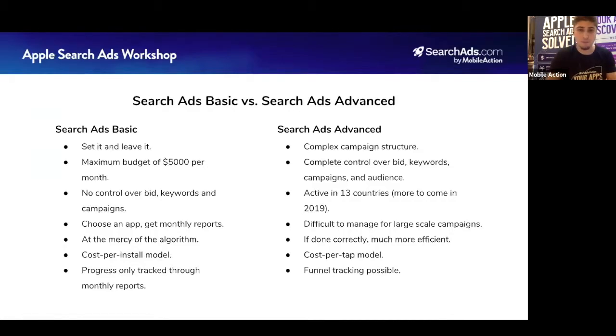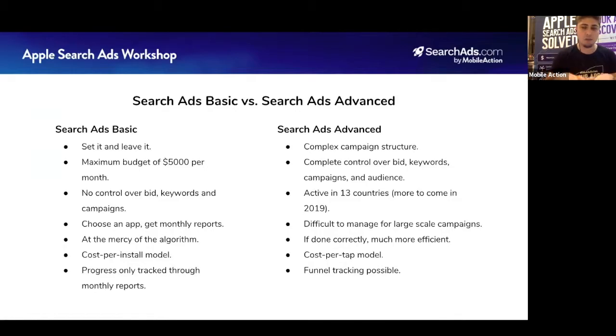On the other hand, Search Ads Advanced has a very complex campaign structure. You have the 3 layers, and let's imagine you're running ads in 5 countries for an app. You have different demographics, so it can get really complicated quickly. So you have to know what you're doing.